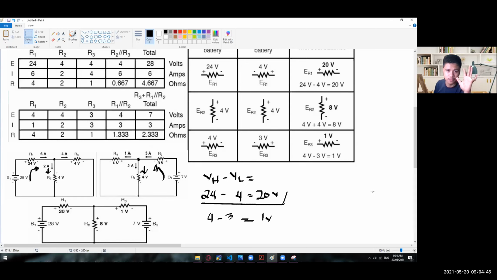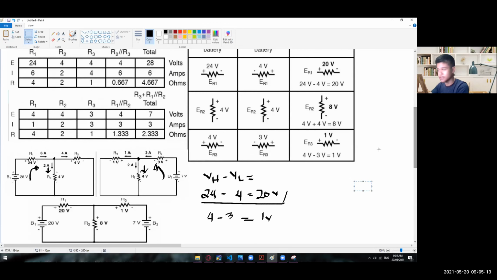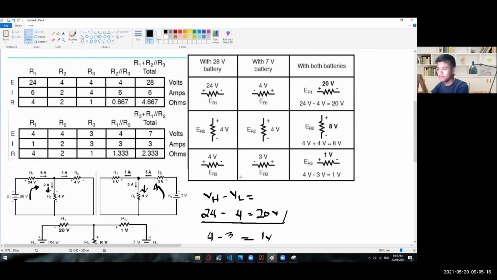So 1, 2, 3, 4, 4 only. 5, 6, 7, 8, 9. Okay, so 9 out of how many? 9 out of 15 or 9 out of 14. Anyway, I hope the others who weren't able to follow at least get the idea and then review this once our discussion is over. So that's it for the voltages.